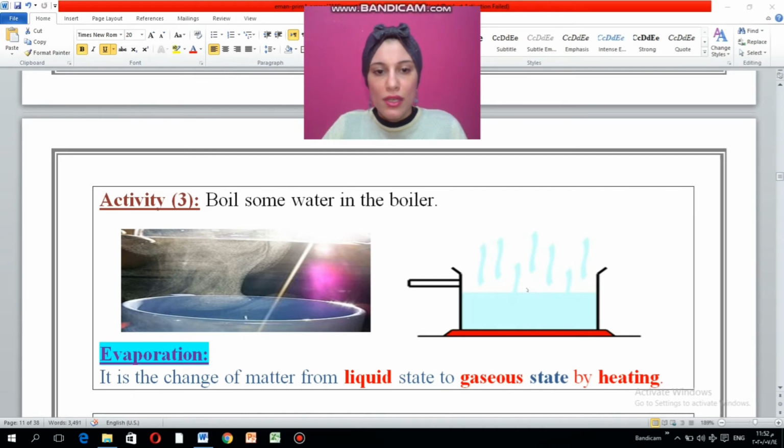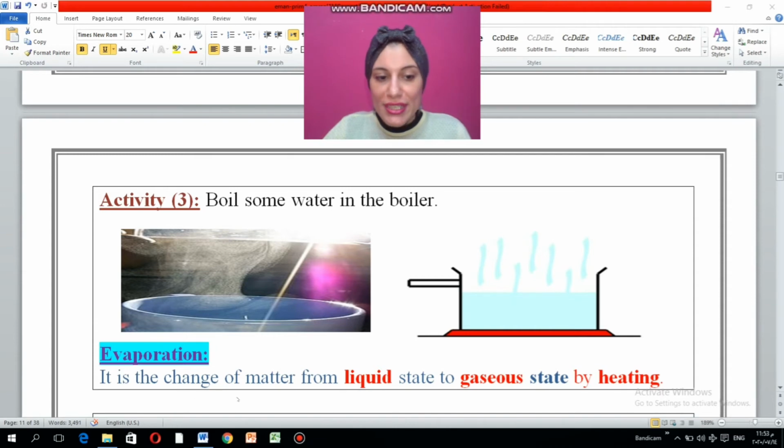يبقى ايه اللي حصل هنا بقى؟ ايه البروسيس اللي حصلت؟ اسمها evaporation. So the evaporation process it is the change of matter، الماتر بتتغير from liquid state into gas state by what؟ By heating or cooling. انا سخنتها ولا بردتها؟ By heating.